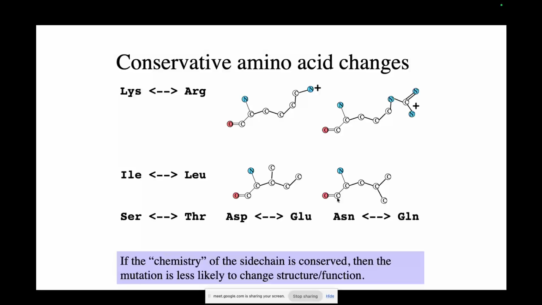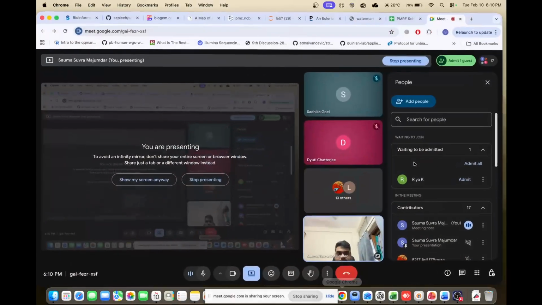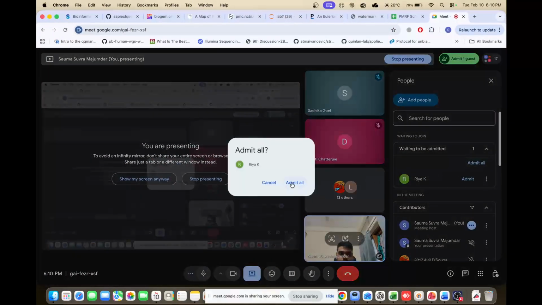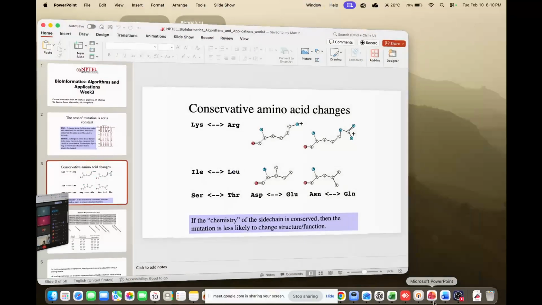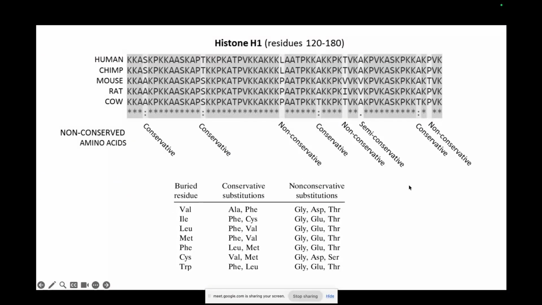Even if you change a particular amino acid to one very similar in nature, in some cases where the specificity is very high, the enzyme cannot bind to the substrate. It's not a binary thing, but in most cases it won't.